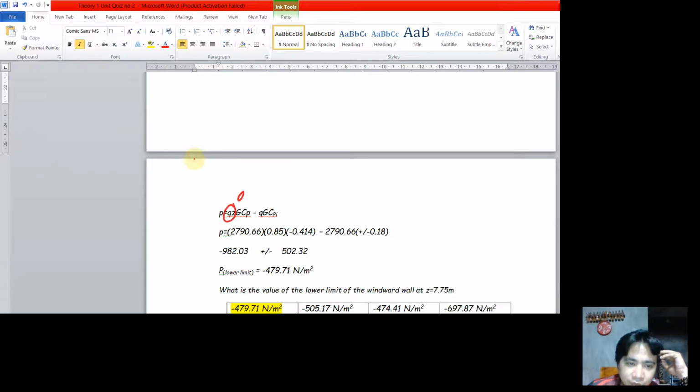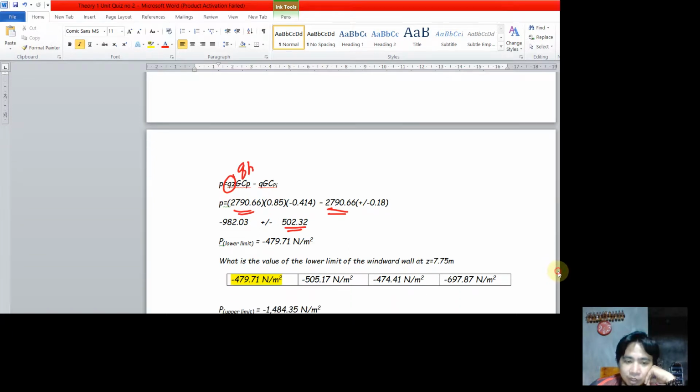If this is QH, we do not need to have the height of different levels. We'll just use the mean height for QH. So this remains 502. We have negative 982.03. For the lower limit, we have negative 479.71.